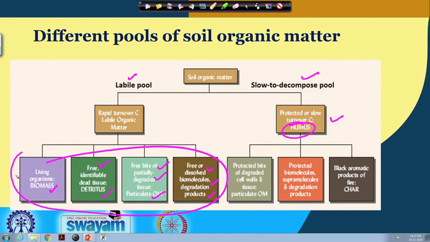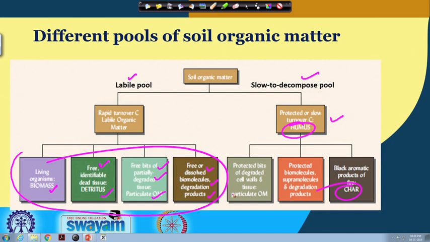However, in humus you can see protected bits of degraded cell walls and tissue, that is particulate organic matter, and protected biomolecules or supramolecules and degradation products, and black aromatic products of fire, which we call char. These types of compounds can be seen within soil organic matter.